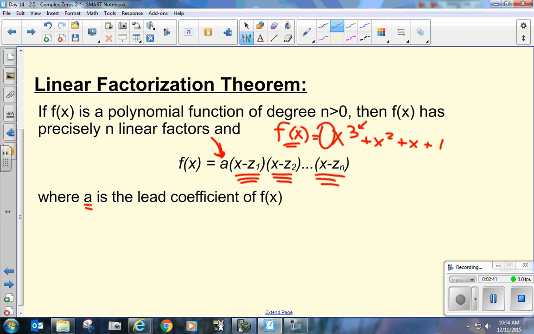So let's say this was 4x cubed. I'll put a 4 in front of my linear factors. That's all that means. If there's no number, it's a 1. This is really simplifying very complicated math terms. So you guys know this. It's no surprise.